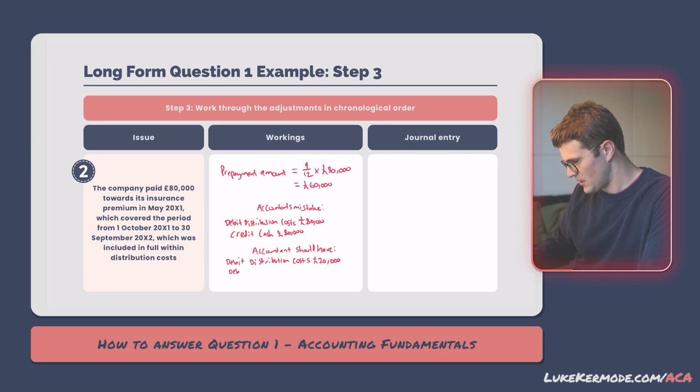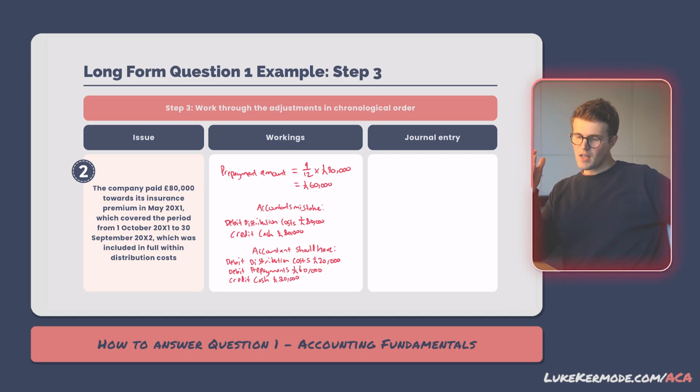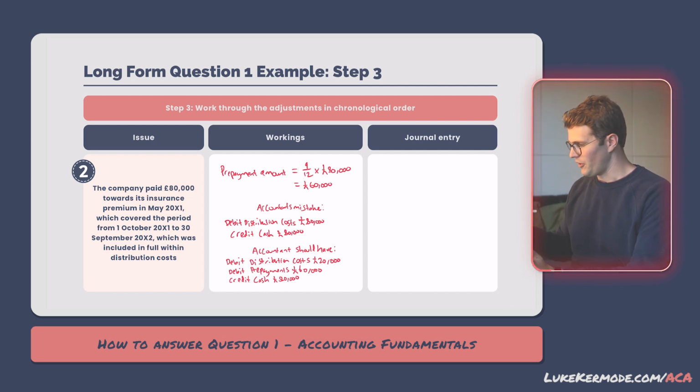They should have debited 60,000 to prepayments and credited cash 80,000. In other words, they only needed to expense 3 months in the current year, and they should have recorded a 9-month prepayment for the following year.